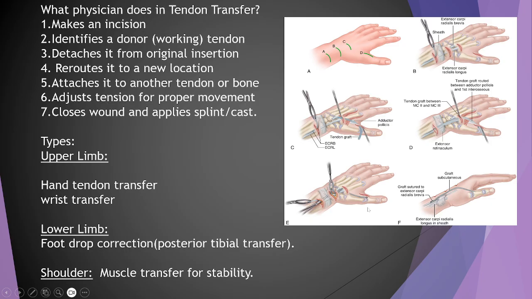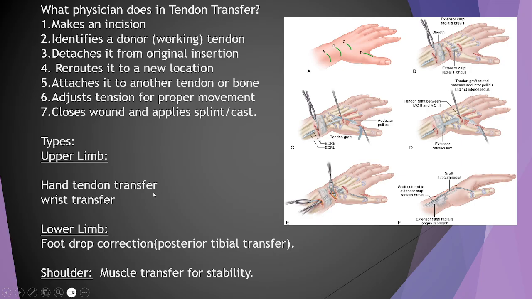After identifying the donor tendon, that tendon is detached from the original insertion and then rerouted to the new location, and attached to another tendon or bone where the non-working tendon is. Then the tendon is adjusted for proper movement, the wound is closed, a cast and splint are applied, and rehabilitation is sometimes provided.